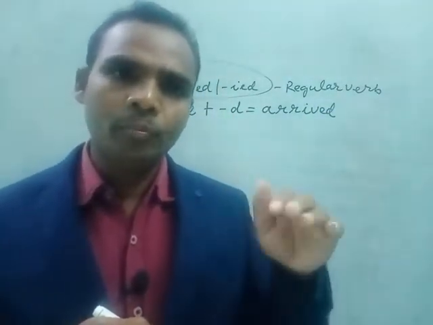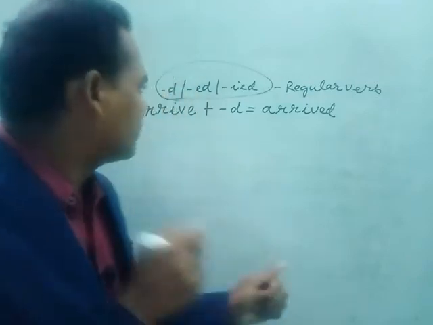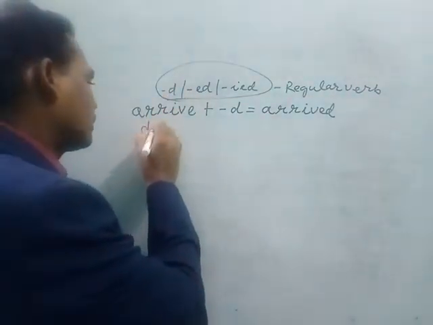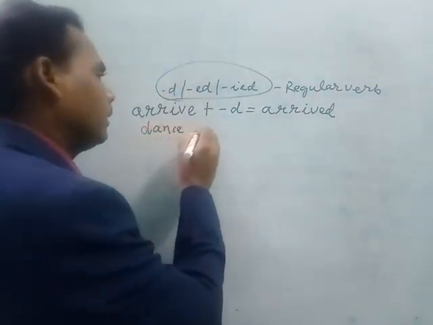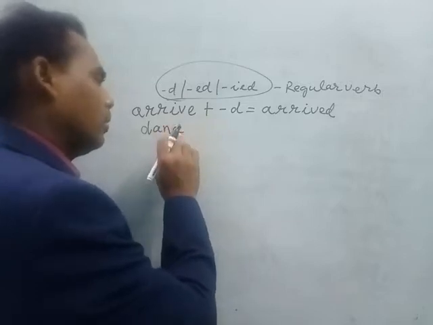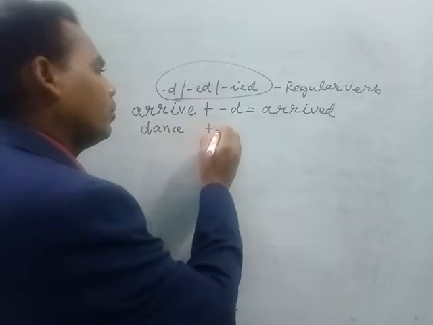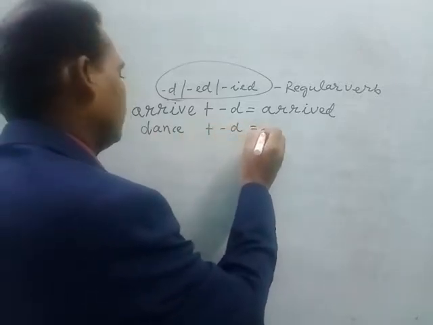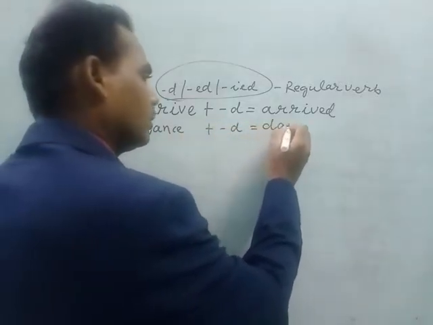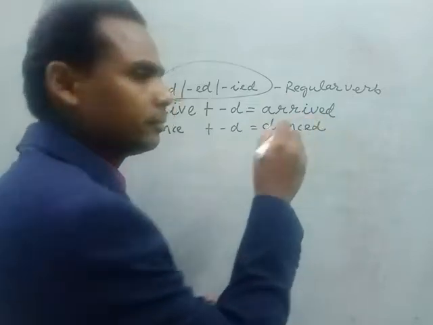I am giving some more examples. Suppose dance, same formula, D-A-N-C-E. Here the ending letter is E. If you add only D, this is danced. Clear now?